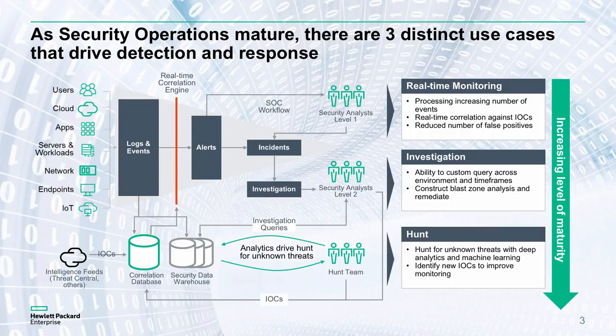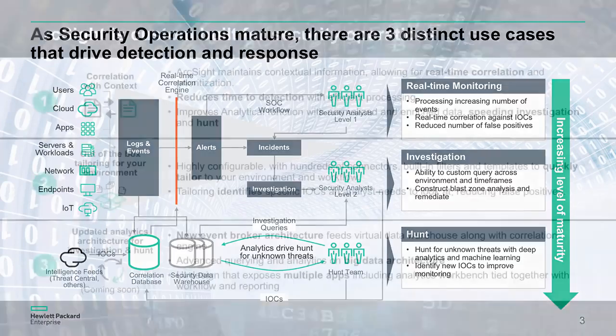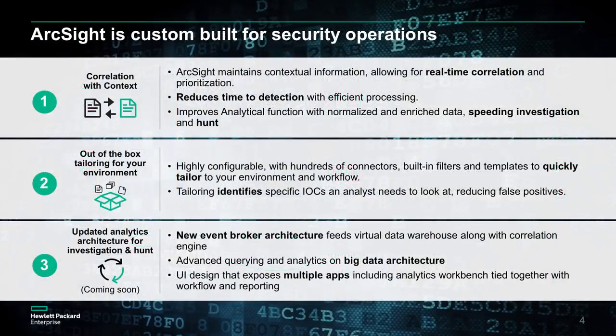So as you can see, what is Arcsight? Well, it's a number of parts of a security operations environment. It's not everything, but it's a number of parts that start to solve some of these requirements that customers have. But specifically, it's worth noting that Arcsight is built around solving the security operations problems.